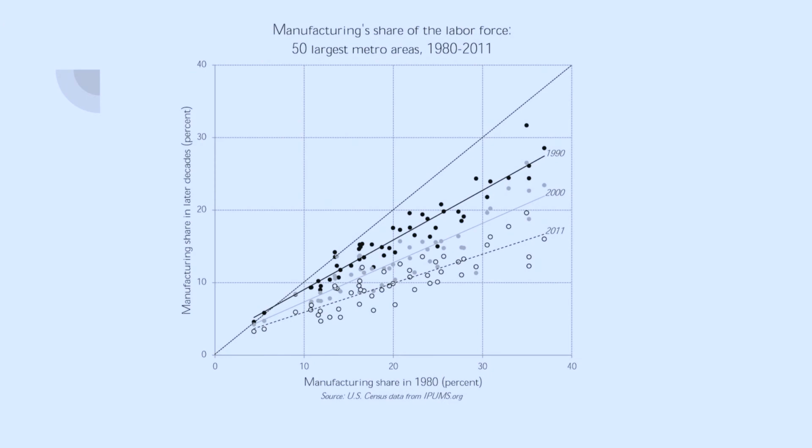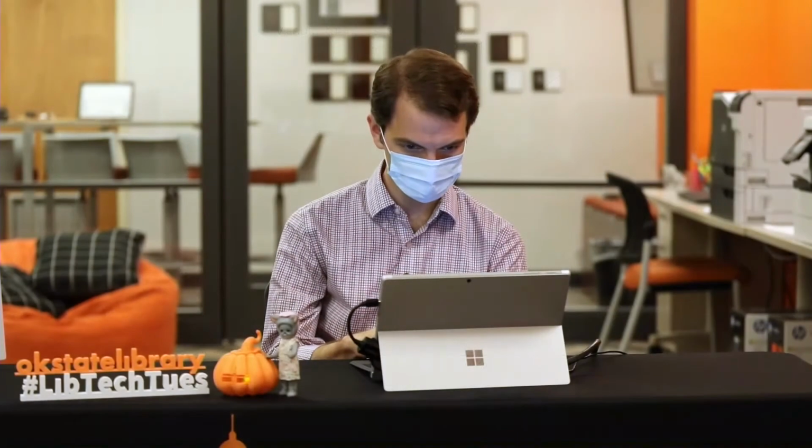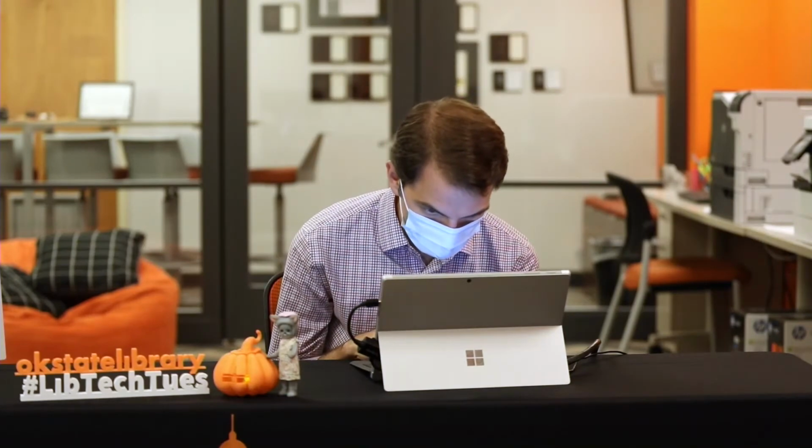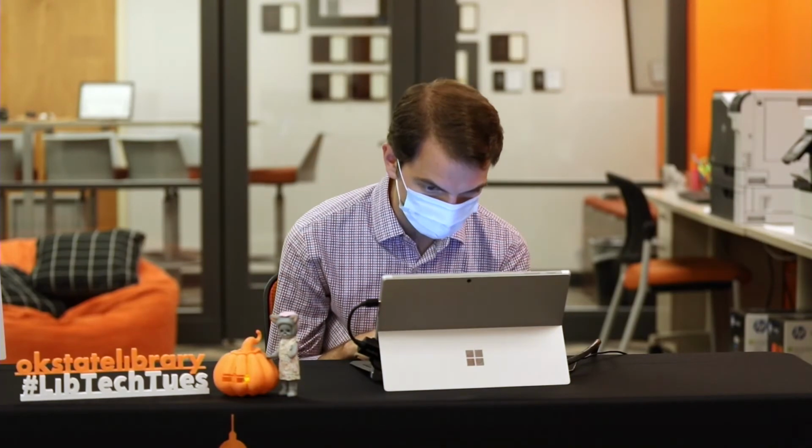That shows just how those changes continued over the course of those decades. There are perhaps one or two, maybe three metros, one that clearly had some growth, and two others that maintained their relative share of manufacturing. Everything else dropped.